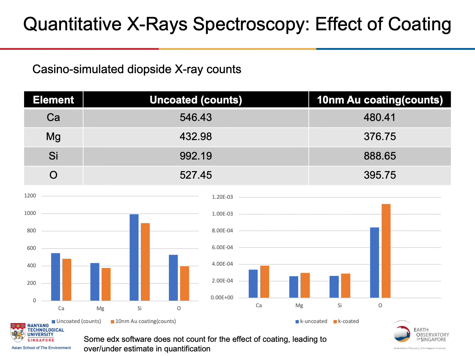Generally all of them will have reduced X-ray intensity with the coating, and the elements that are affected much are silicon and oxygen. We can see the trend reverse with the presence of coating and without the presence of coating.